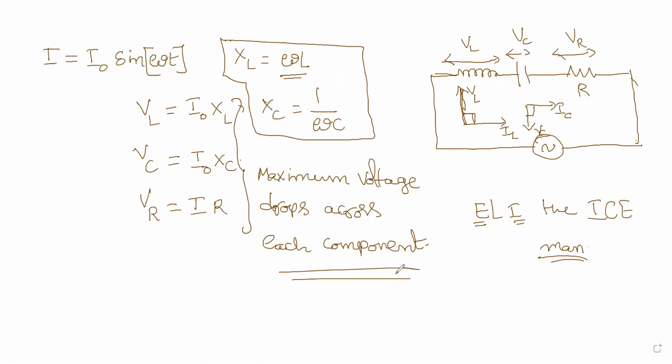Clear? Can I clear this? Hope I can clear. Now you see that we have one thing. If I have to represent the voltage and the current across all the components, these are in vector form.